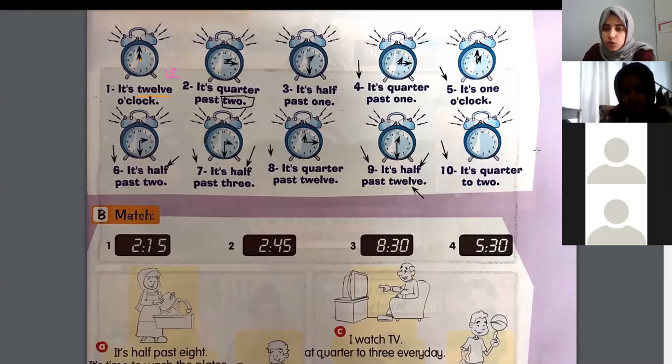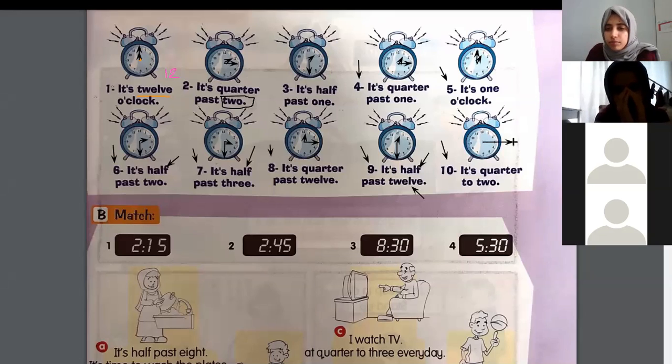So where do I put it? What do you think? 3 is quarter past. 6 is half past. 9 is quarter to. And 12 is just o'clock. It's quarter to. Yes, it's quarter to, but which number?